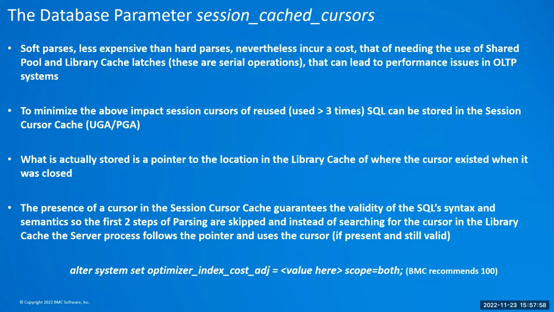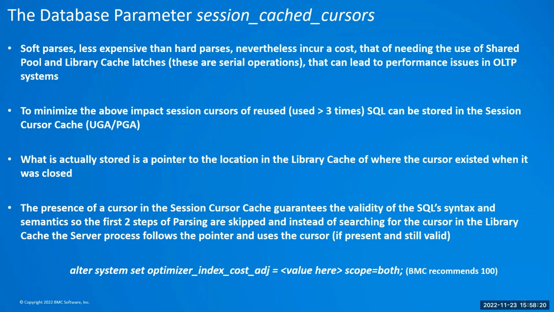It takes a lot of CPU time. You want to avoid hard parses. So if you can avoid a hard parse by making that SQL statement available for later executions of the query, you incur what is known as a soft parse. Soft parses themselves are also somewhat expensive, though less than hard parses.